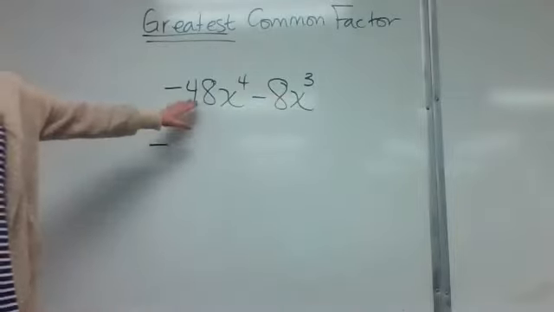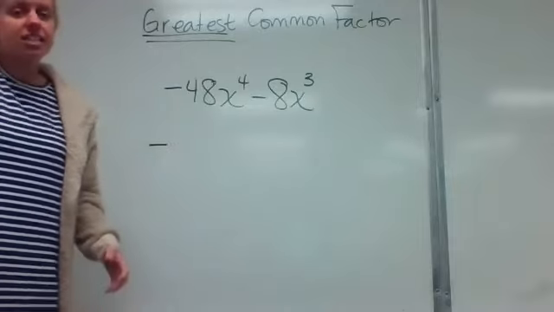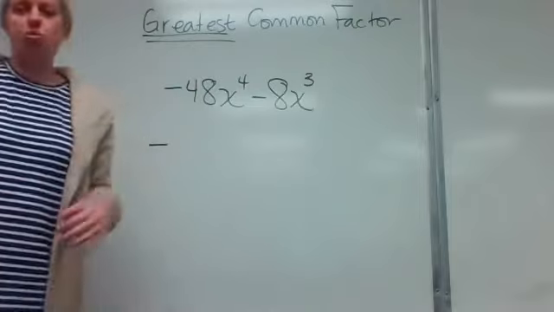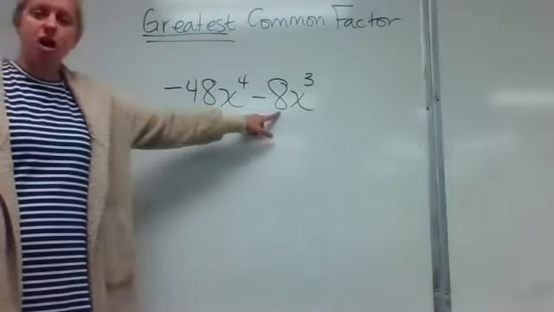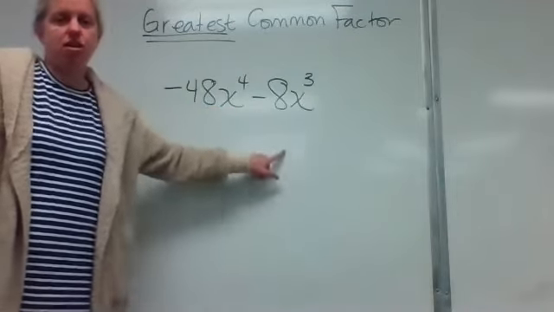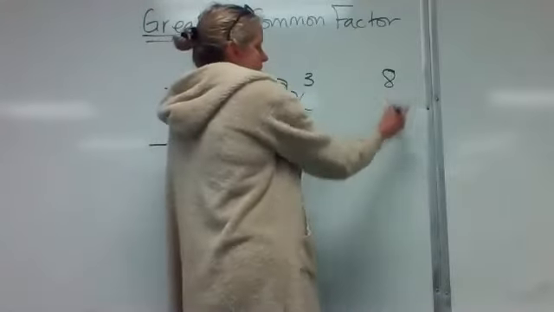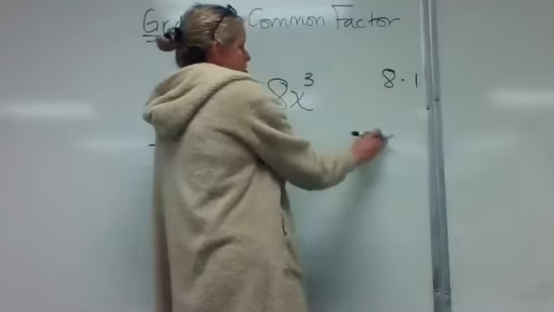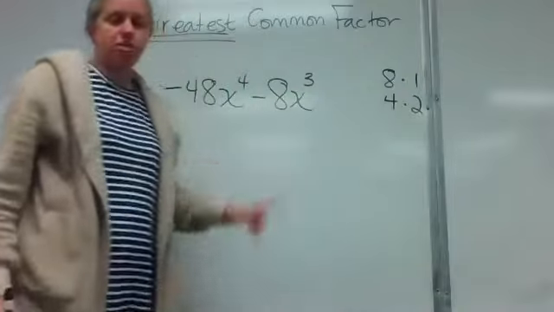So let's look at my numbers, 48 and 8. A lot of times, if I'm not sure, like I can tell these probably have more than one thing in common, I'll always go to my smallest one and find its factors, which means all the ways to multiply to get it, which would be 8 times 1, and 4 times 2.